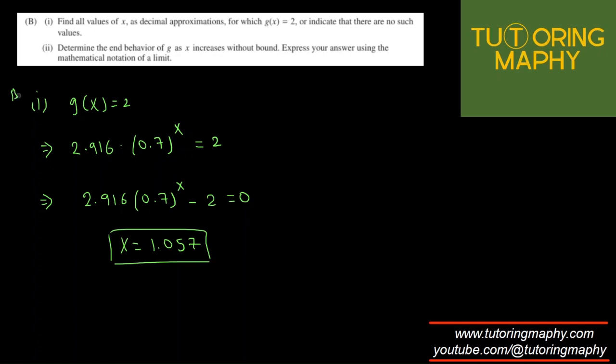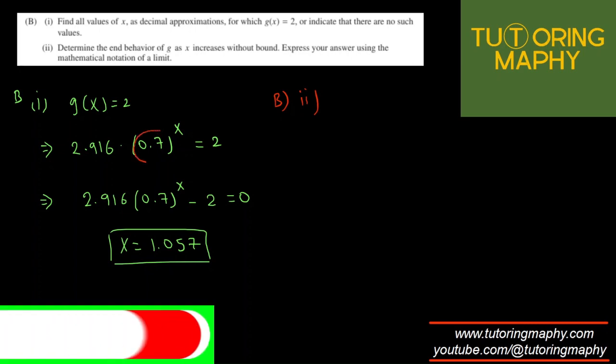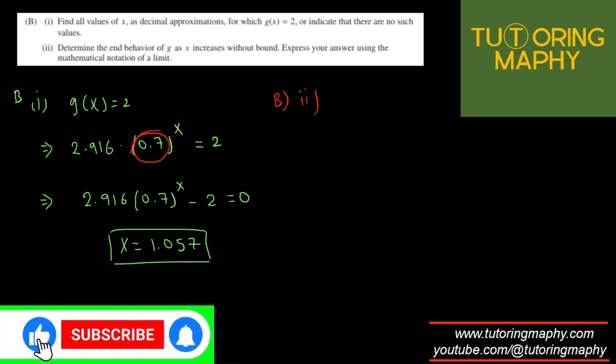All right, let's work on B part 2. Determine the end behavior of g as x increases without bound. Explain your answer using mathematical notation. The thing we need to notice is this base. This base is less than 1.